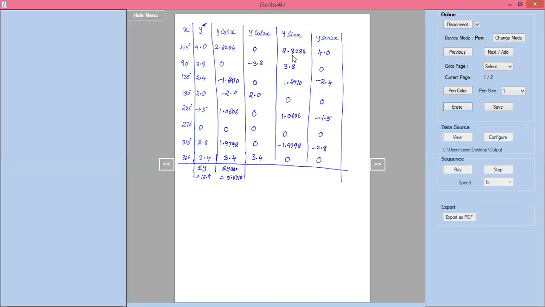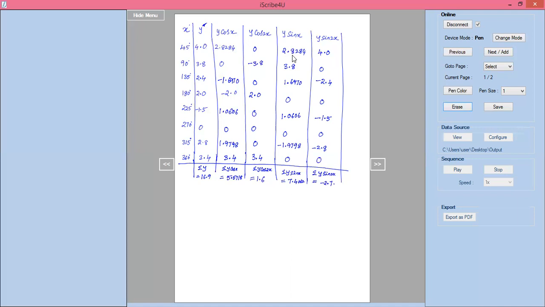Summation of y cos 2x is 1.6. Next, summation of y sin x equal to 7.4062. Next, summation of y sin 2x equal to minus 2.7.